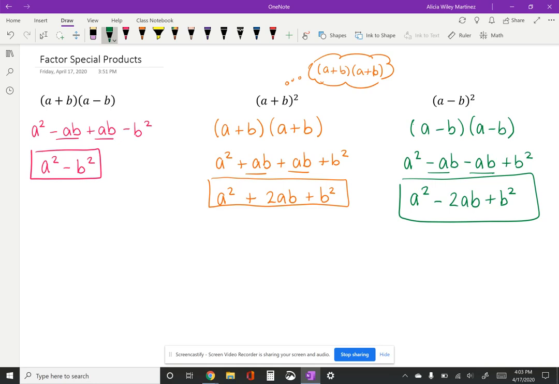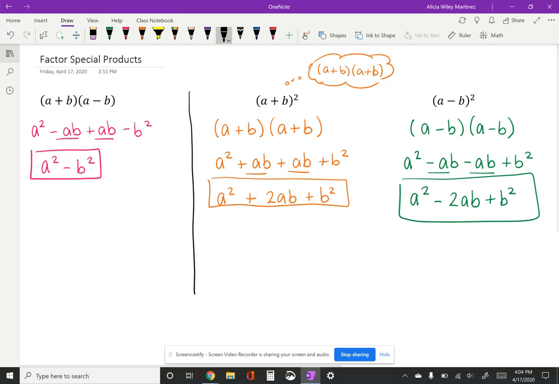Okay? So you can see with each of these problems, I was able to use methods that we have used before. Let's talk about what each of these products are. Each of these products represent a special type of product. Okay, so the first type of product that we are going to talk about here is the A squared minus B squared.